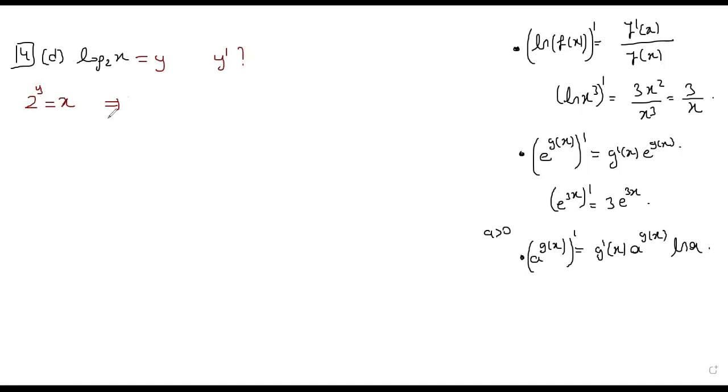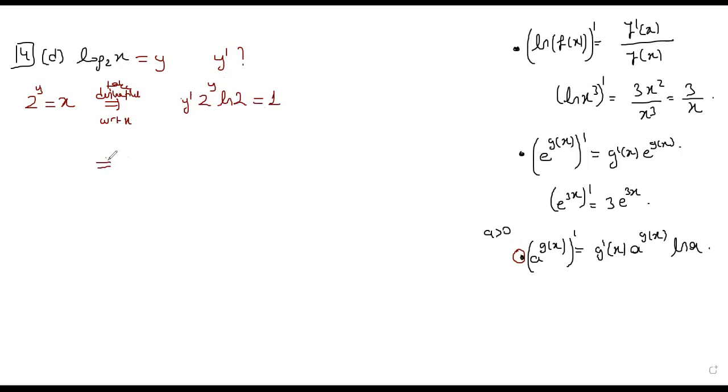Taking derivatives of both sides with respect to x, we will apply this rule. On the left we have y prime, as we take the derivative with respect to x, not y. So we have y prime times 2 to the y times ln of 2. Instead of a, we have 2. And on the right, we have 1.